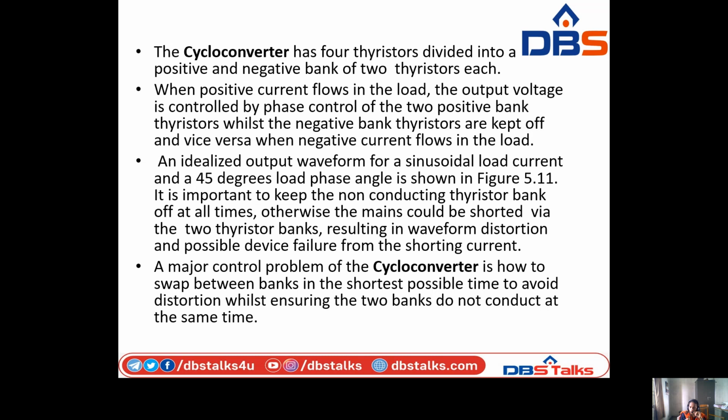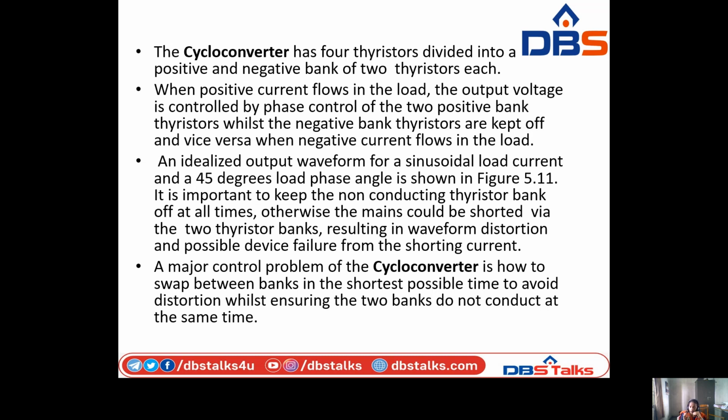Whenever positive current flows through the load, the output voltage is controlled by the positive bank of thyristors while the negative bank is kept off, and vice versa. Whenever negative current flows through the load, the output voltage is controlled by the negative bank of thyristors, and the positive bank of thyristors is kept in the off position.